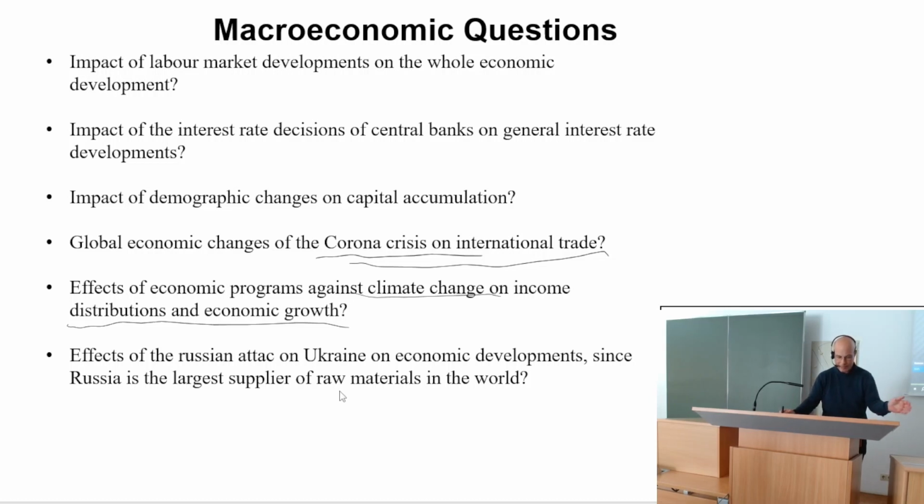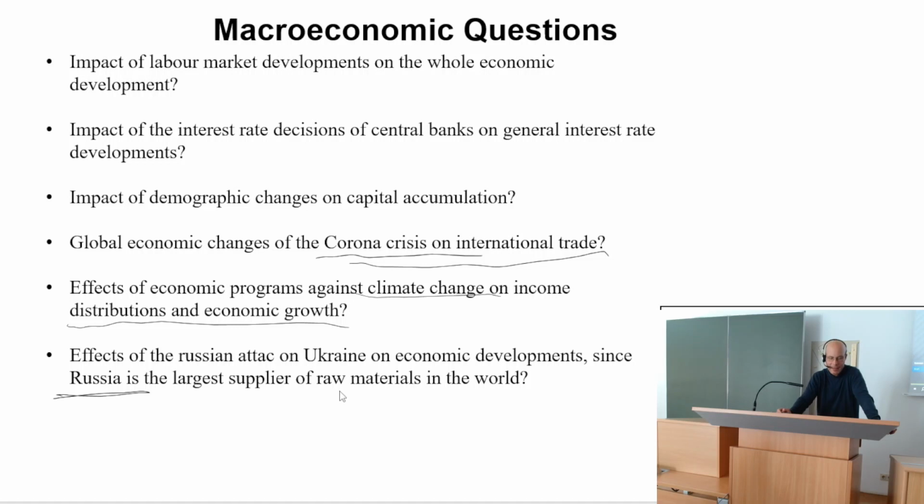Or at the end, the very sad example, of course, Russia, from the area the largest country in the world, not very surprisingly, is one of the largest suppliers, not only of oil and gas, but many, many other raw materials.